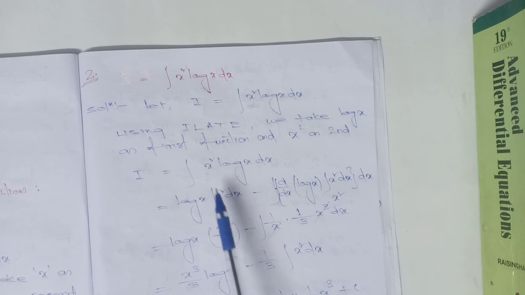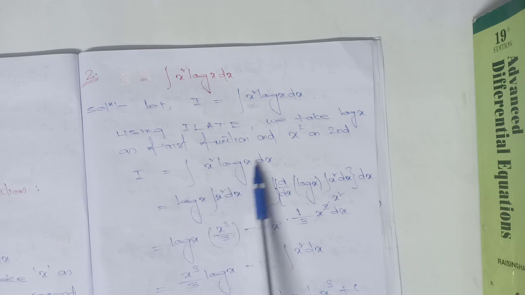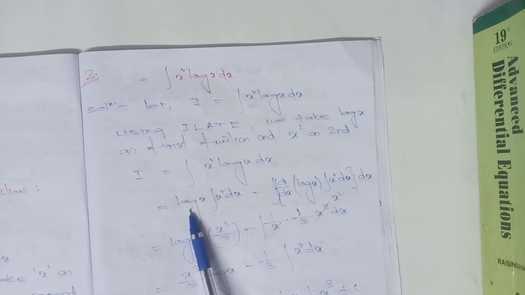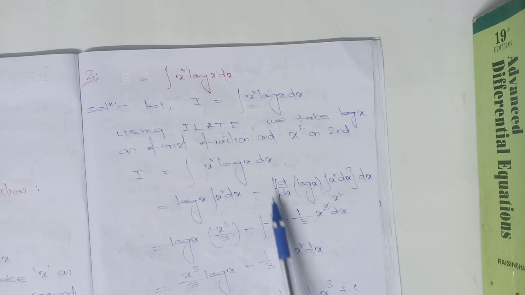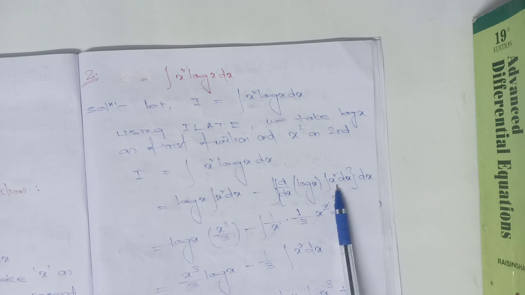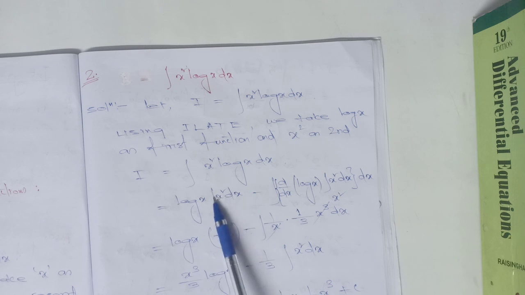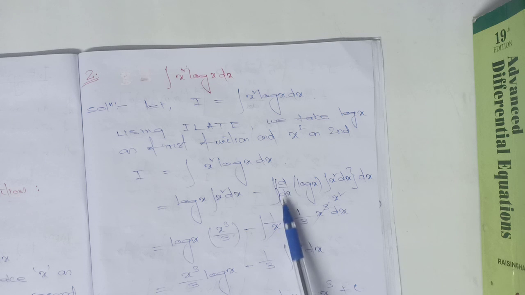So let us start. The integration of x square log x dx: log x is u, the integration of x square dx, minus the integration of d/dx of the first function, this is log x, into the integration of x square dx, into dx. So log x into the integration of x square dx, which is 1 by 3 x cube, minus the integration of d/dx of log x, which is 1 by x, into the integration of x square, which is 1 by 3 x cube, dx.